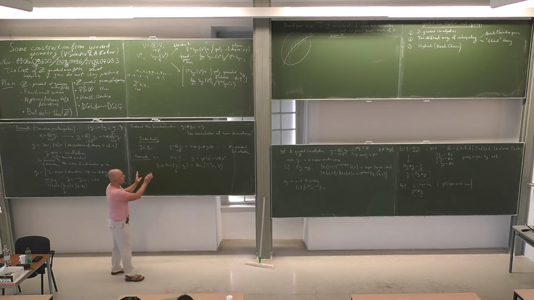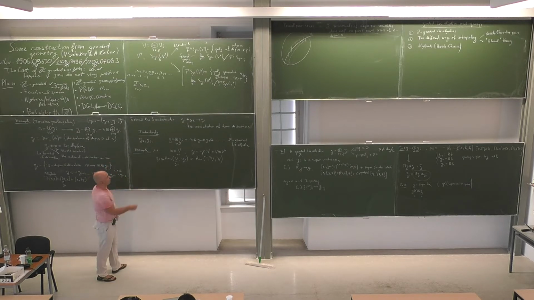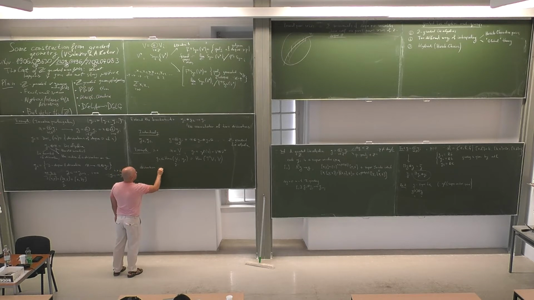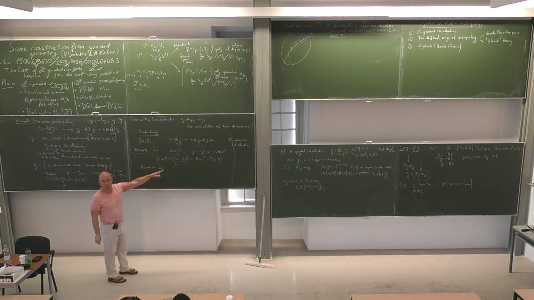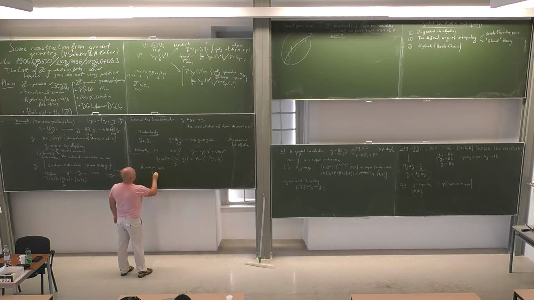Okay, but this is not the case. Not all possible maps will give us a derivation. So suppose we have phi, and then the property. If you require this to be a derivation, you immediately see that such a map should be symmetric. Because for the derivation, it will be something like phi V1 V2 minus V2 phi V1.